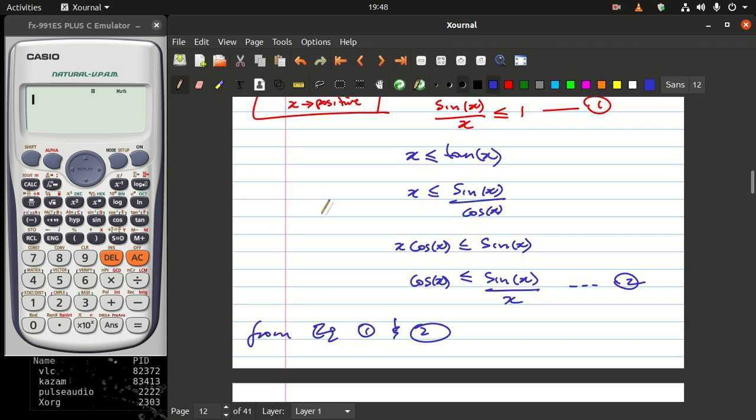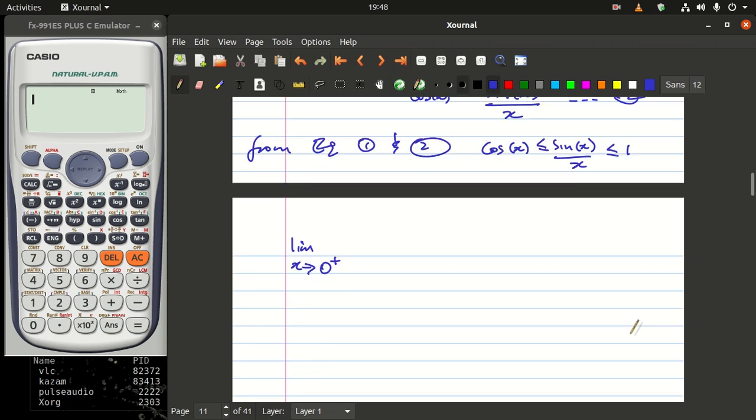If you look into this, I have my cosine of x. Cosine of x is less than or equal to sine of x divided by x. And this sine of x divided by x is less than or equal to 1. Which means now, if I take the limit throughout, the limit of cosine of x must be less than or equal to the limit as x approaches 0 on the right of sine of x over x.